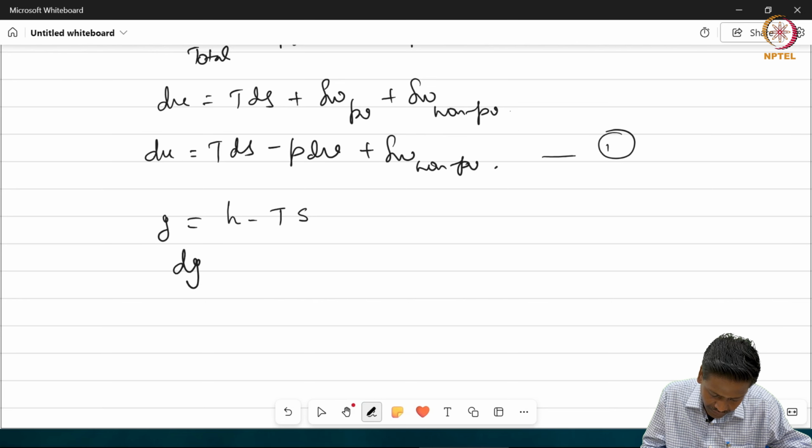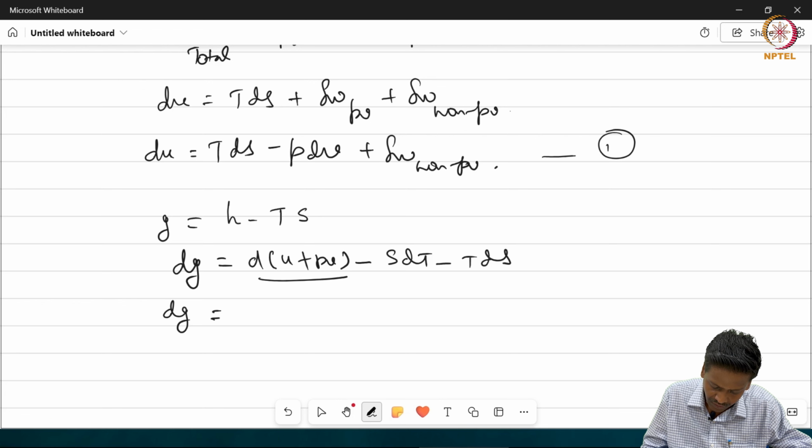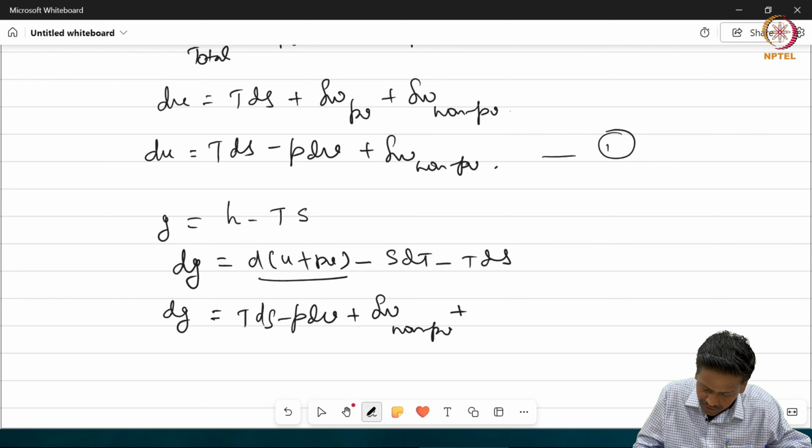If I differentiate this, with H equal to U plus PV, I would get dG equals dU plus d(PV) minus SdT minus TdS. Splitting this, dU is TdS minus PdV plus δW non-PV, plus PdV plus VdP minus SdT minus TdS.